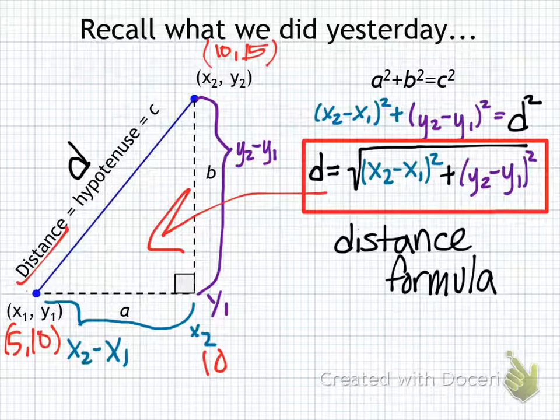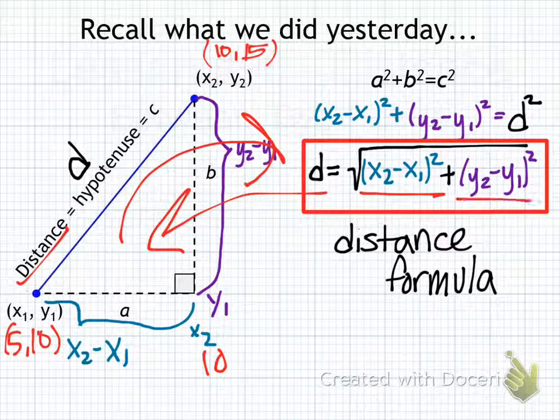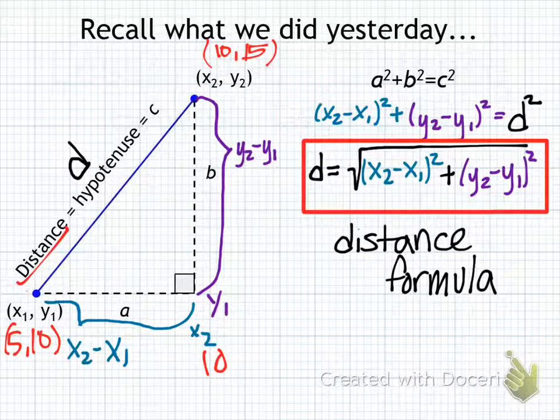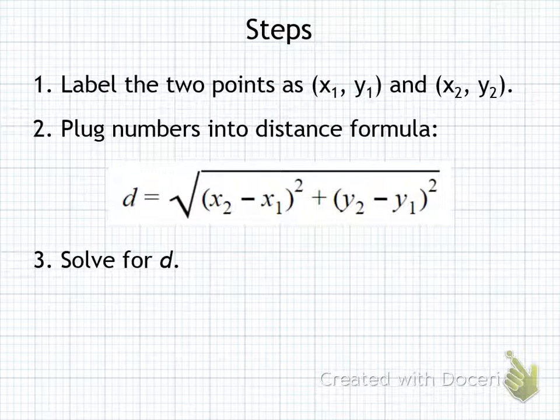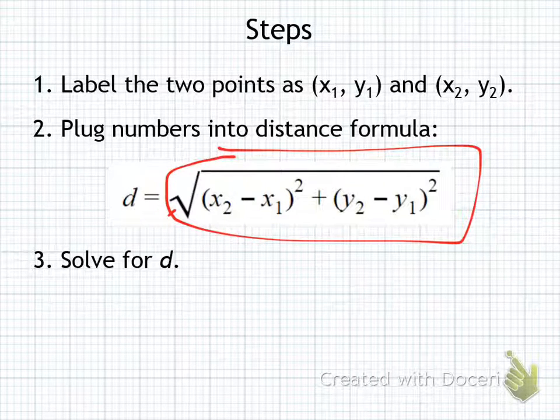So since we can do that, we can rewrite it with generic ordered pairs and solve for the distance that way. Here are our steps for today. Pretty short. You're just going to label the points, plug them into the distance formula, and then solve for d. Basically you just solve this part, and you get your answer.